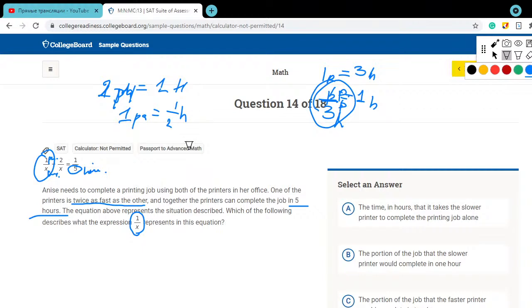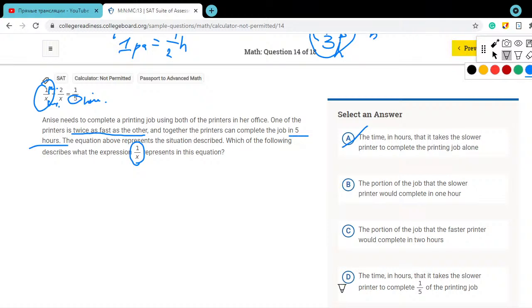So it doesn't show the time. It shows the proportion, not the time, but which proportion of the slower printer or faster printer can be completed in 1 hour. Yes, this is the proportion of the slower one, because if it has one of x and this one 2, one is faster.